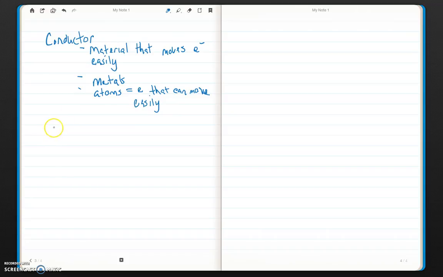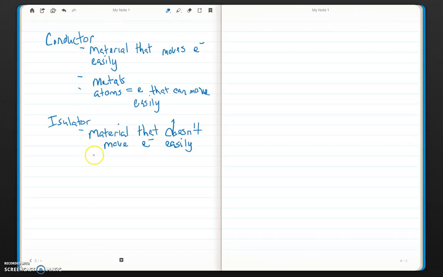And the last thing, if there's something that does it really well, there's going to be something that doesn't do it very well, and that is an insulator. We'll write down that it is just any material that doesn't move electrons easily.